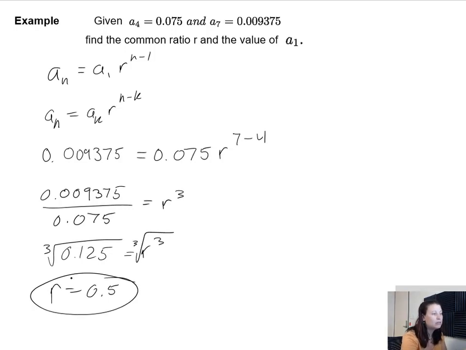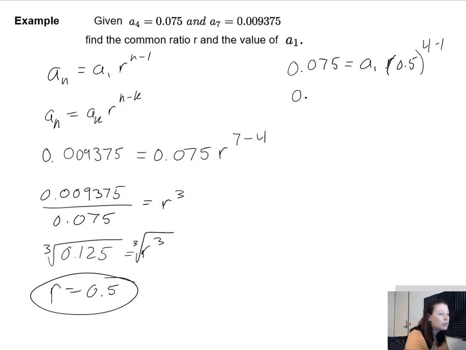Now we want to find A1. So let's use A4. So A4 is 0.075, which is equal to A1 R to the N minus 1, which we know is 0.5 to the N minus 1. So N is 4 minus 1. So 0.075 is equal to A1 times 0.5 to the third.